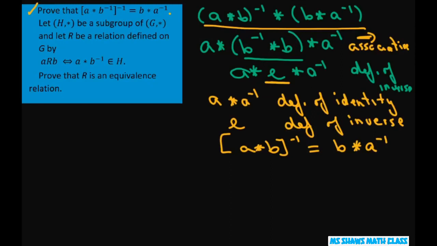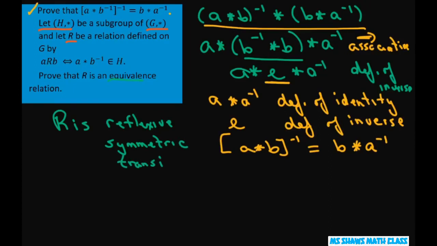So now we have to prove it's an equivalence relation, and we're going to let H be the subgroup of G. Recall that for an equivalence relation, we need that R is reflexive, symmetric, and transitive. Okay, so let's start here.